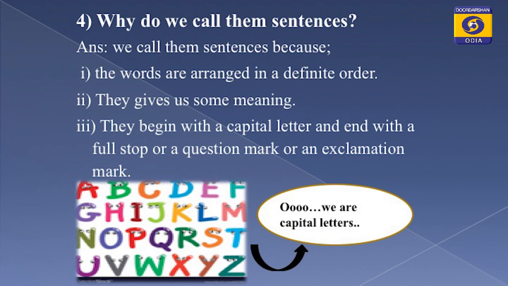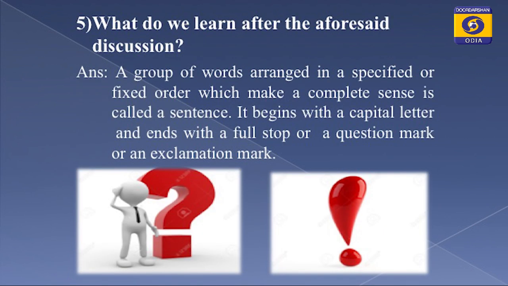Then they give us some meaning, and all the sentences begin with a capital letter and end with a full stop or a question mark or an exclamation mark. So they are sentences.